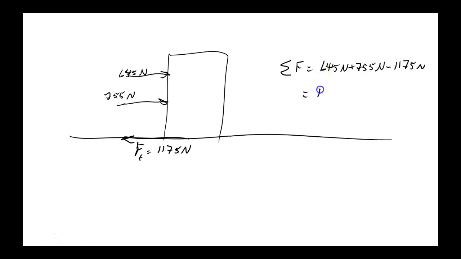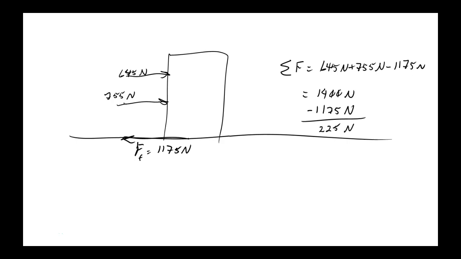That looks to me like 1400, is it? Yay or nay? Okay. Now I'm going to subtract from that. I'm going to put it underneath because I like to subtract vertically rather than horizontally. 1175 newtons. What does that give me? That's going to be 225 newtons.